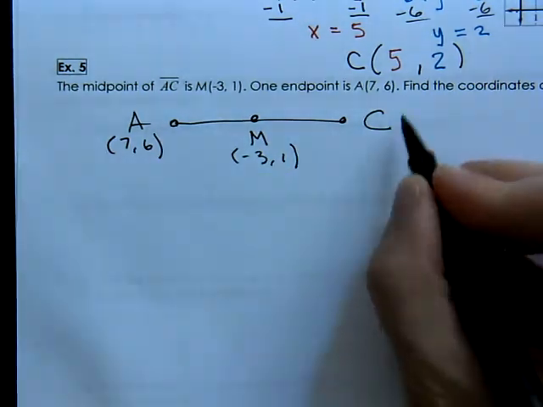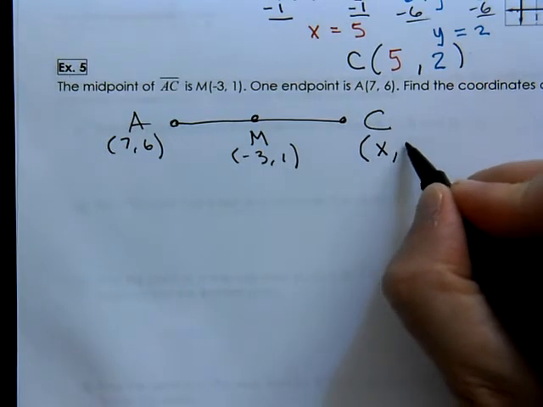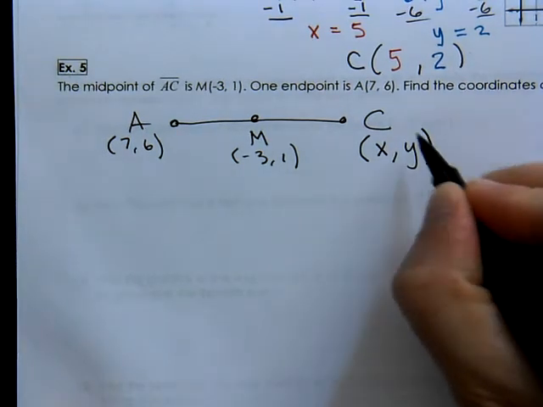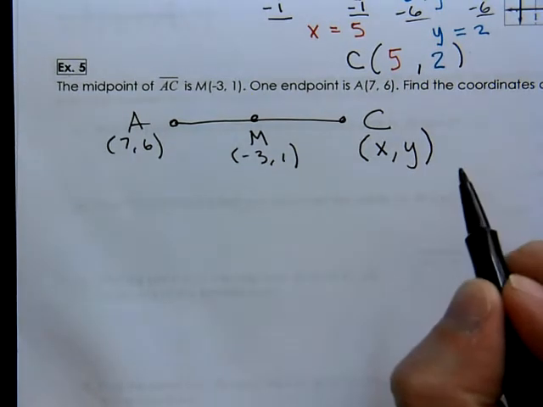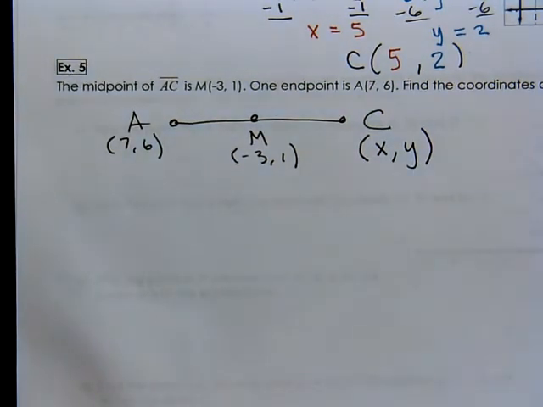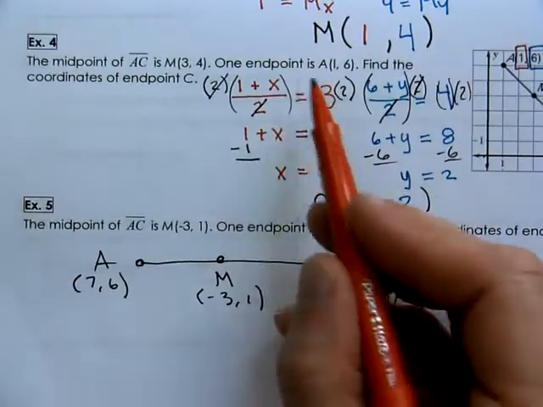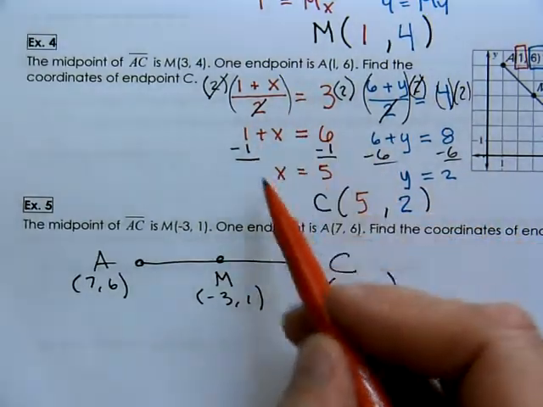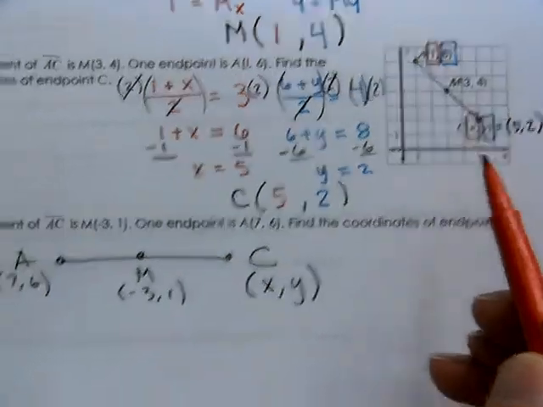And the reason why this is helpful is so that we remember that C is where the variables are located. We don't know where point C is located, so that's the x-coordinate that I have to find, that's the y-coordinate I have to find, and now we bring in our colors. So for your first color, we're going to solve for the x-coordinates. How did we do that? We highlighted the x-coordinates on the endpoints.